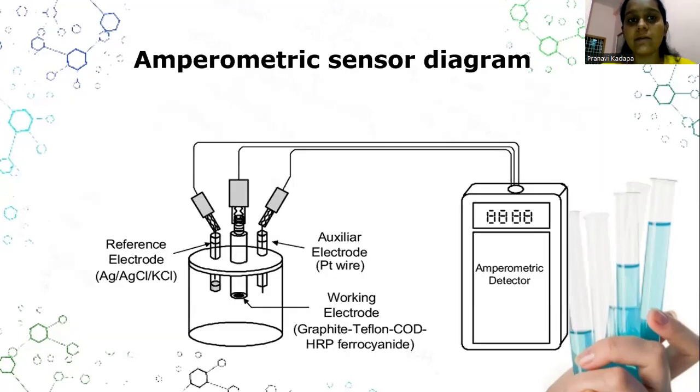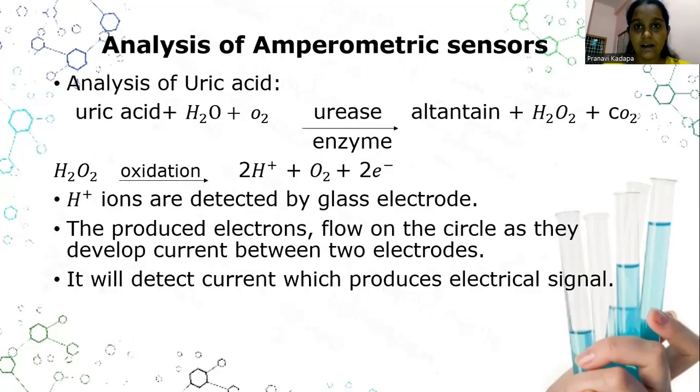This is the brief diagram of an amperometric sensor. As we can see, here is the reference electrode, here the working electrode, and here the auxiliary electrode. These are connected to the amperometric detector, where we find the current. In the analysis of amperometric sensors, we use the analysis of uric acid.